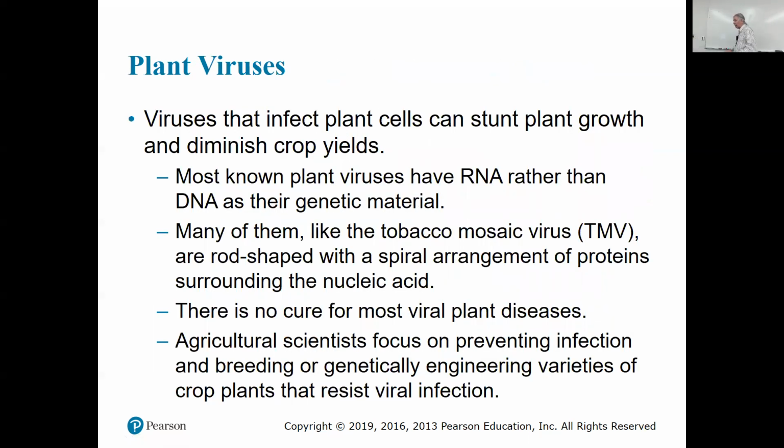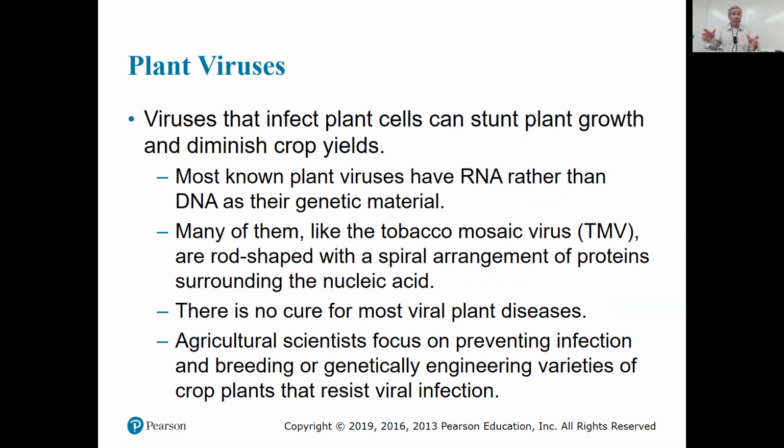Viruses that infect plant cells can stunt plant growth and diminish crop yields. They usually have RNA rather than DNA as their genetic material, like the tobacco mosaic virus. Actually, I think that was the first virus ever discovered. There's no cure for most viral plant diseases. There's no cure for most viral diseases. We have antibiotics for bacteria, and we have a lot of antiviral drugs that can keep viruses under control.